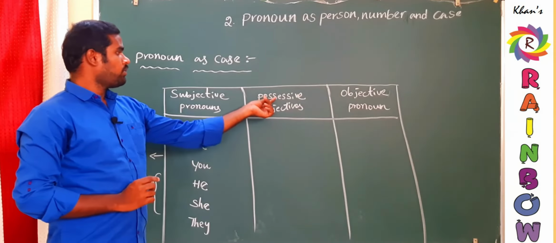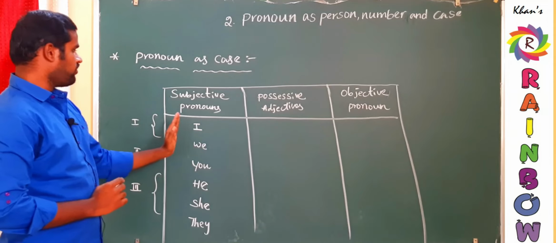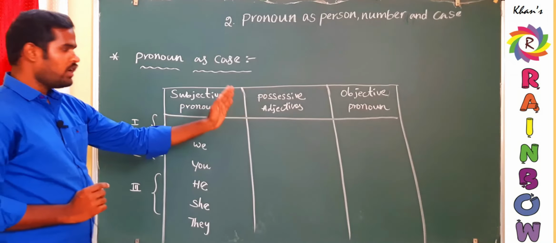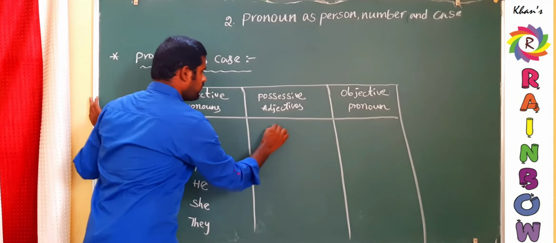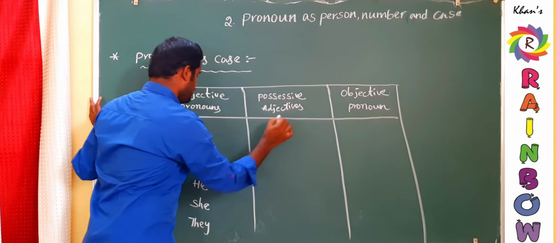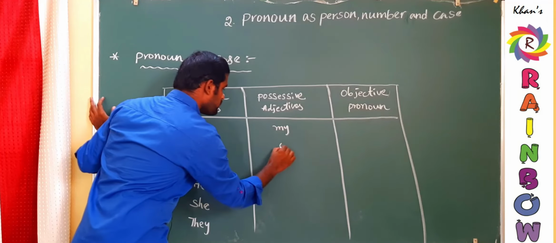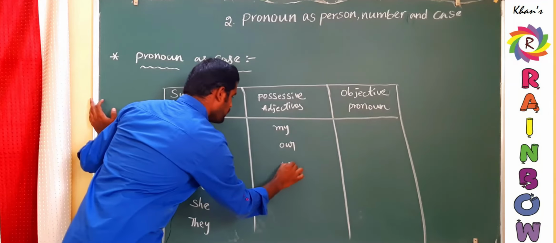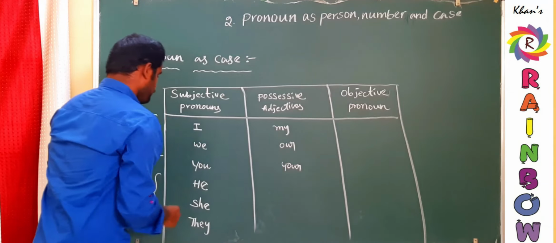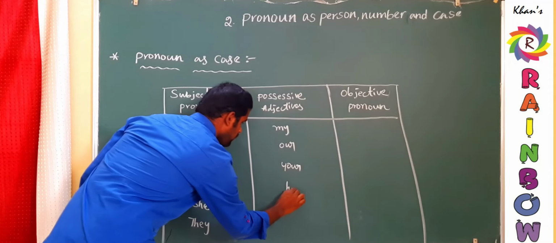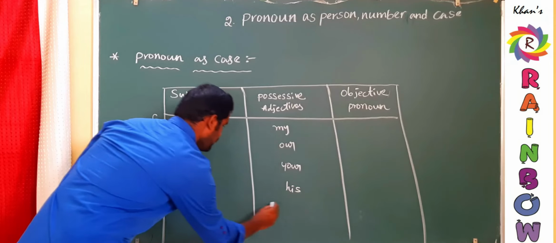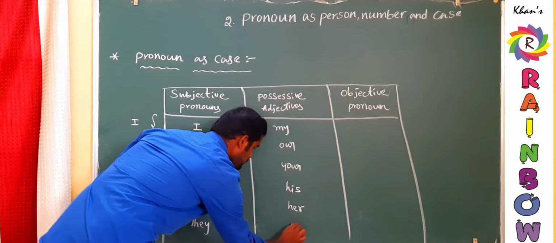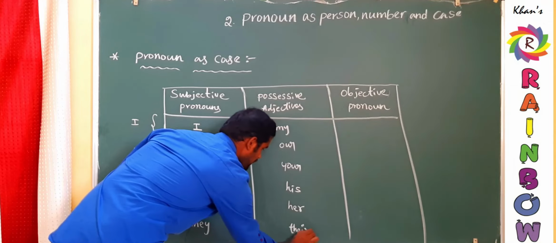What about possessive adjective case? If you convert these subjective into possessive, the forms will be like this. The I form is my, the we form is our, the you form is your, he becomes his, and she becomes her, and they becomes their.